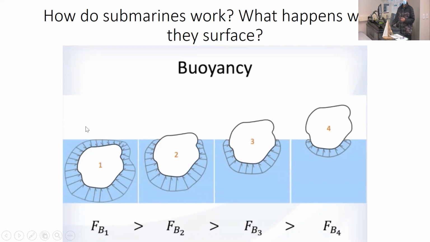At some point you'll say, all right, enough, now I want to stop. What do you do then? How do you stop sinking? You've reached a depth of 30 meters, you don't want to go any deeper. What do you do? You neutralize your buoyancy.